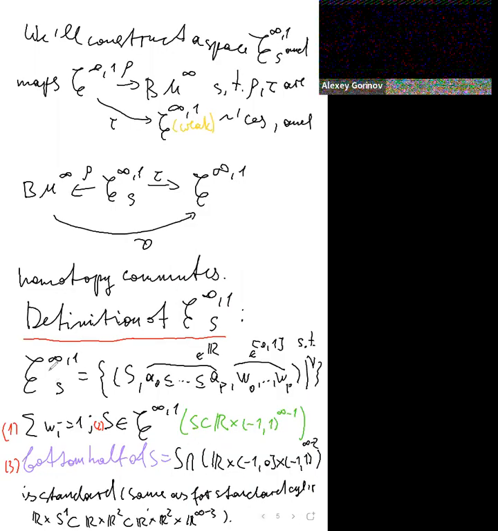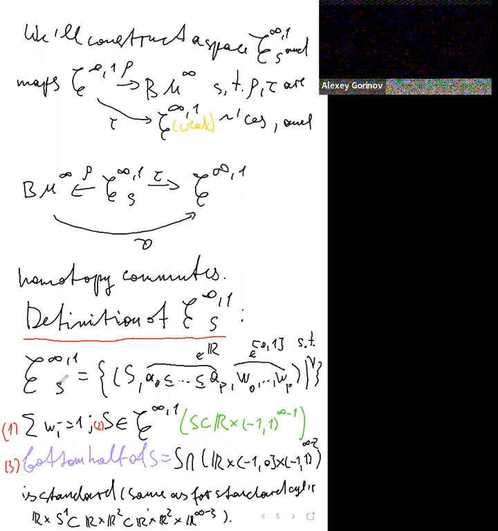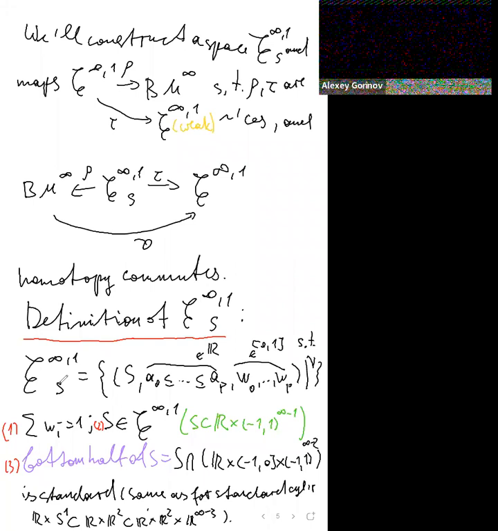But here, the behavior of the surfaces is slightly different. They may extend to plus infinity or minus infinity along this coordinate. So we don't really know how to glue them. But anyway, we'll come back to this in a minute.